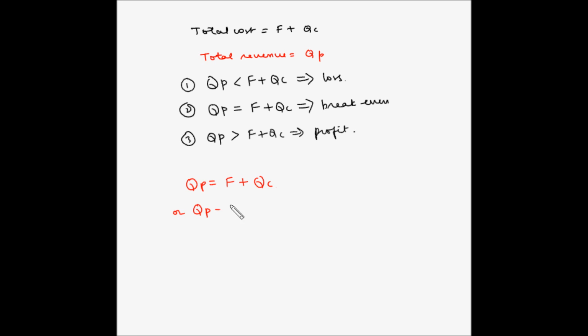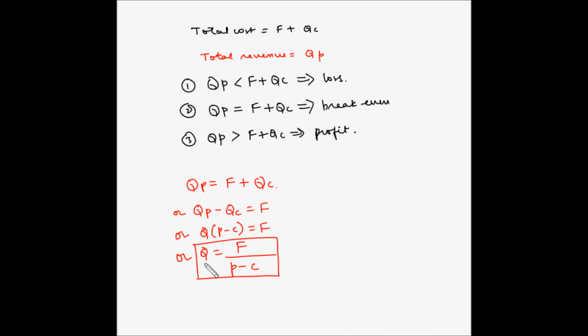So QP minus QC is equal to F. Or Q into bracket P minus C is equal to F, or Q is equal to F divided by P minus C. So this is the formula to find out the quantity at which the firm will break even, where F is the fixed cost, P is the unit selling price, and C is the unit cost.